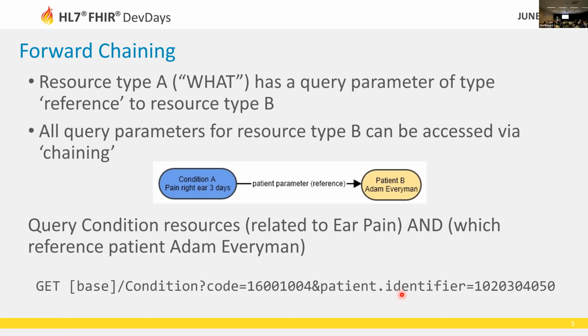So instead of identifier, you could have used other patient search parameters as well. You could have used patient.name equals Adam, or patient.family equals Everyman. But here we are just retrieving Adam by the identifier.